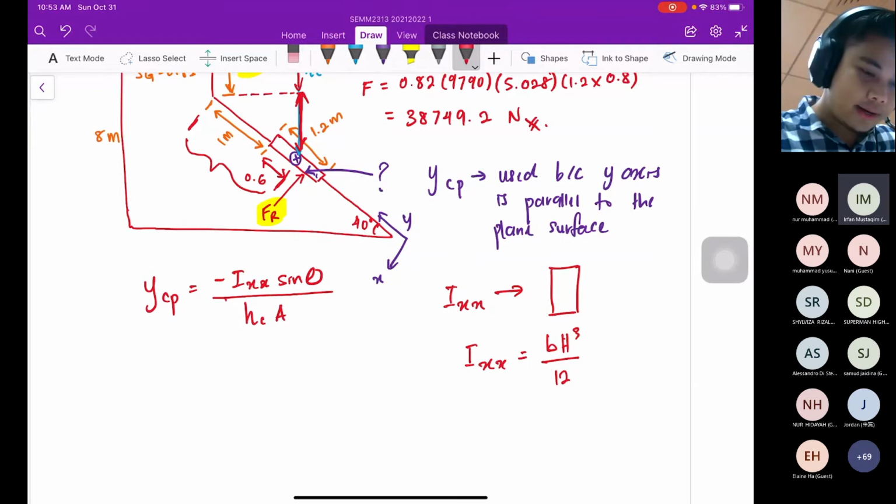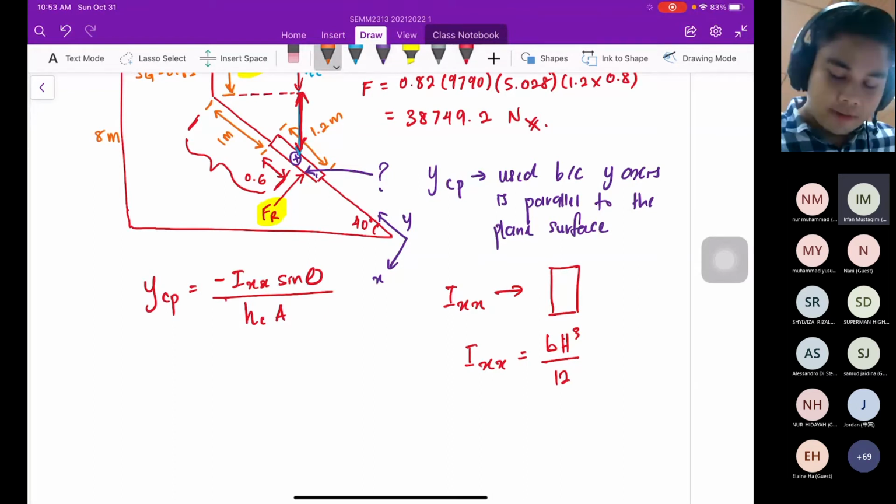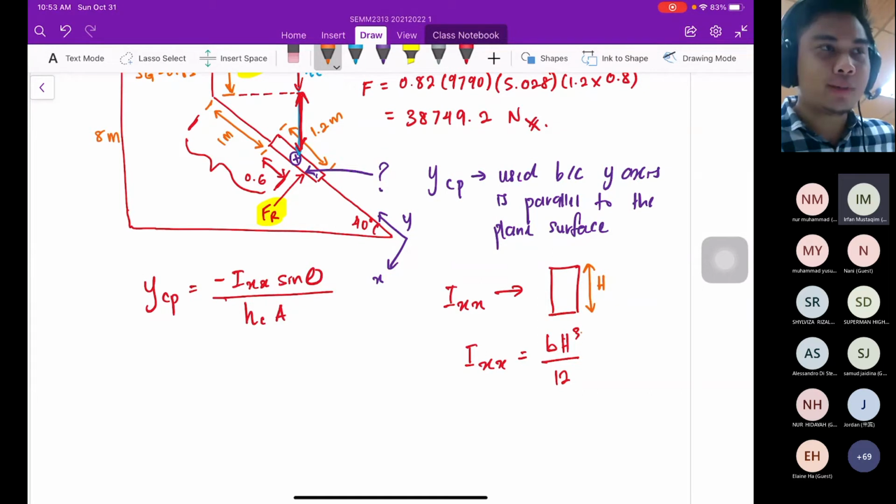Remember that the longest one should be referred to as H, because this is the power of 3.